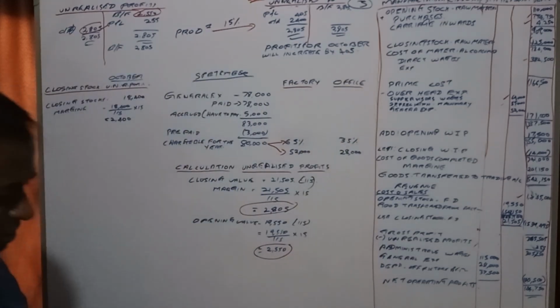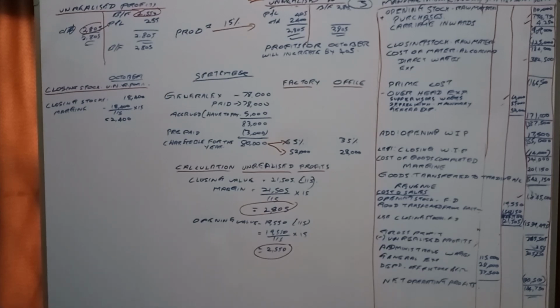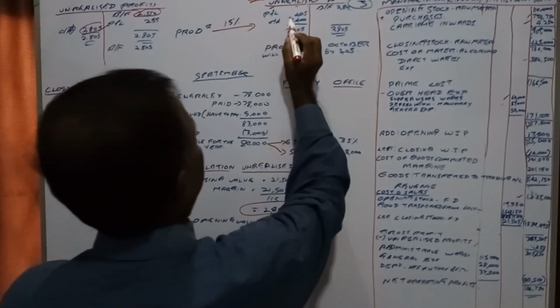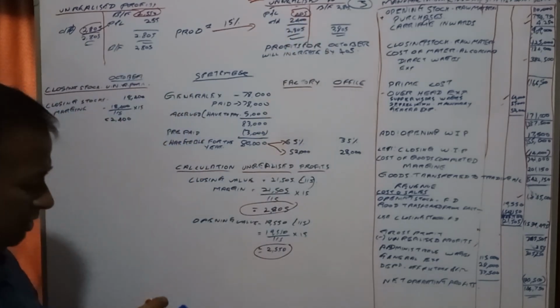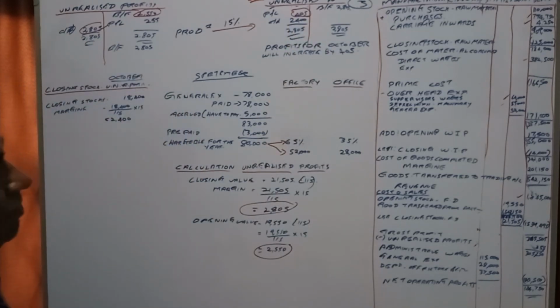This is the 405. Profits will increase in October. That is the answer for D part. And E part, required to advise the directors, that is okay, that is finished.